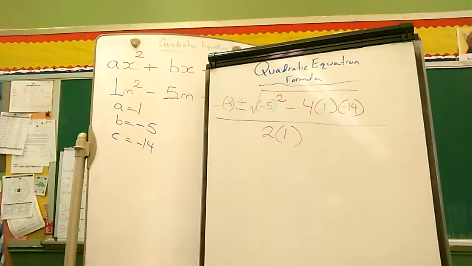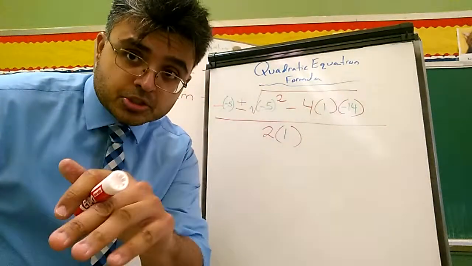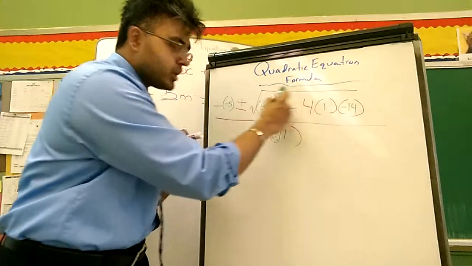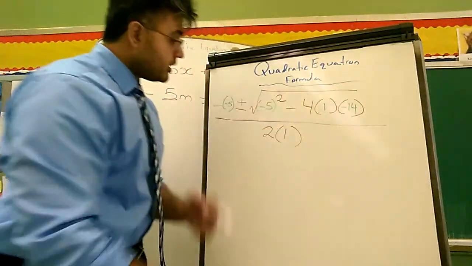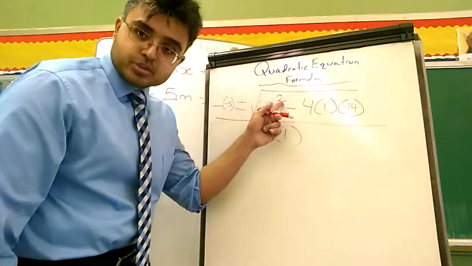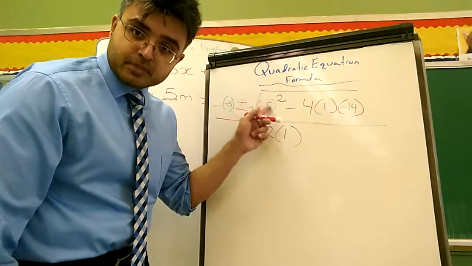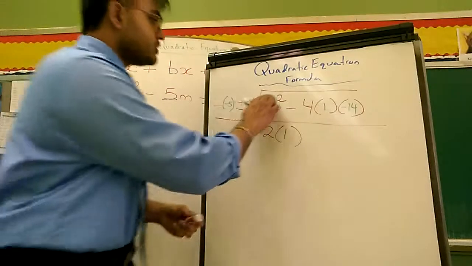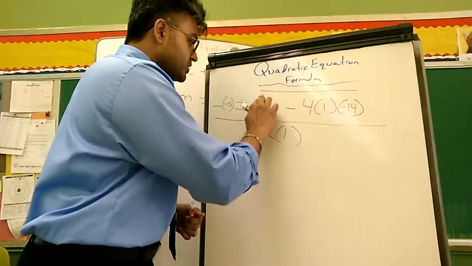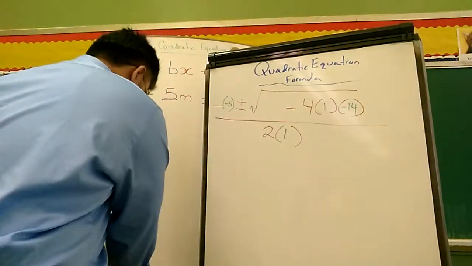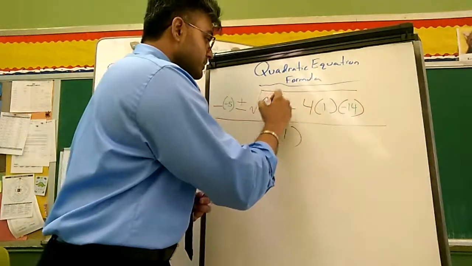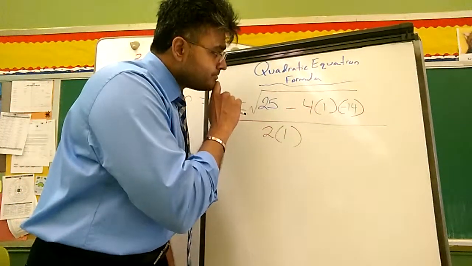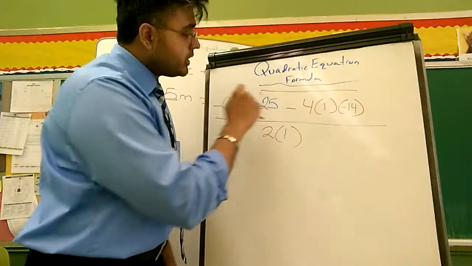Let's solve it together. Always start from the square root. Start with these numbers first. Minus 5 squared. Minus 5 times minus 5 is 25. So let's take this out and replace it with 25. See? Easy. Next. This could be a little bit bigger number here.